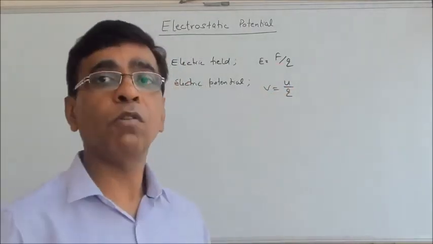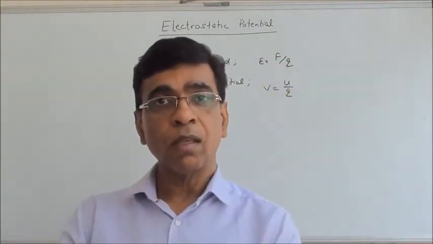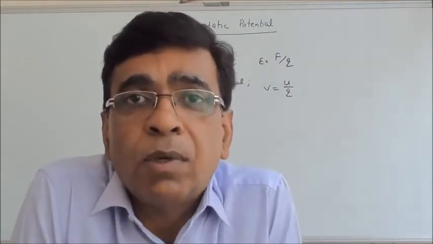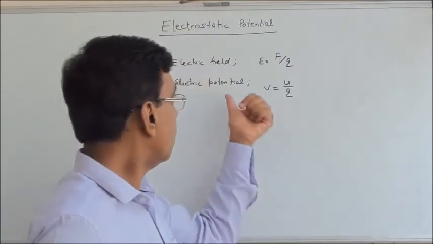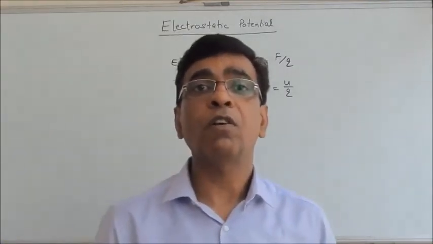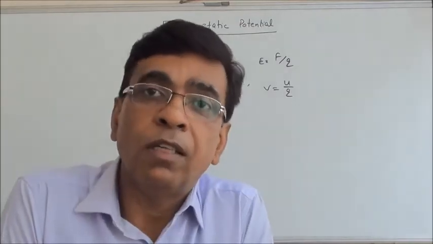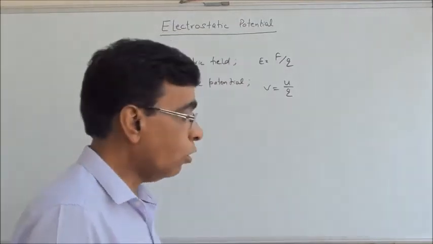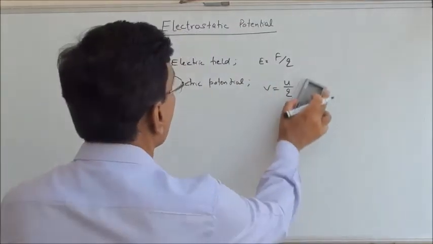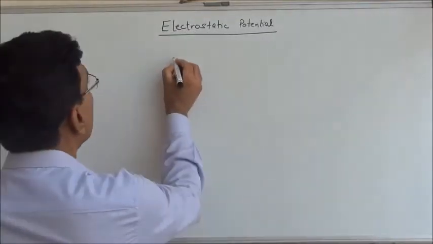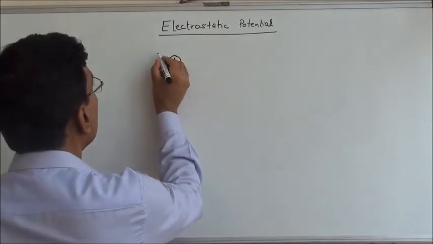For the field we first found the force experienced by the test charge, divided it by the charge. For electric potential we will find out the potential energy for the test charge and divide it by the test charge.